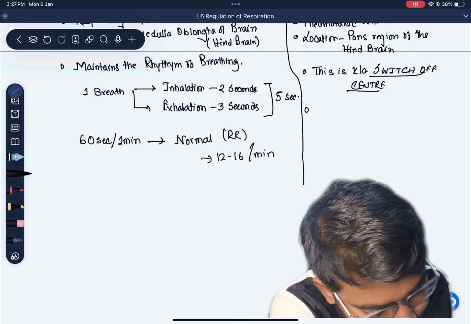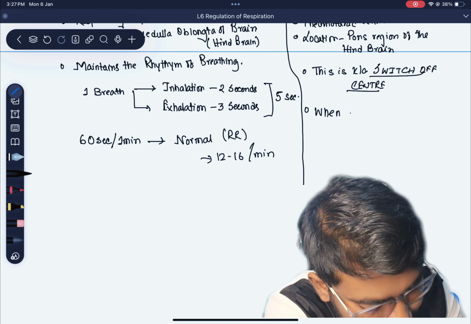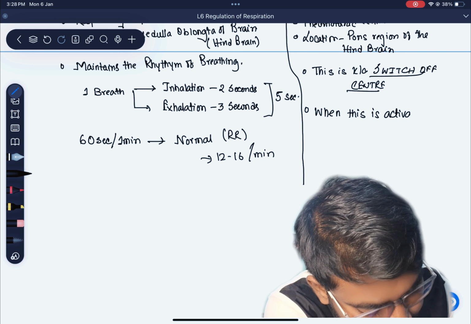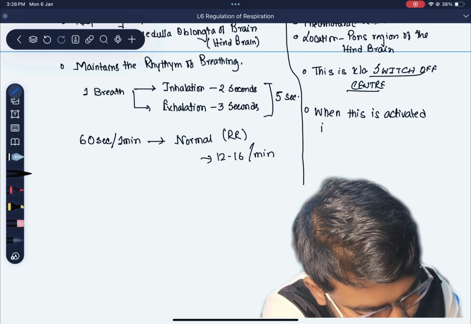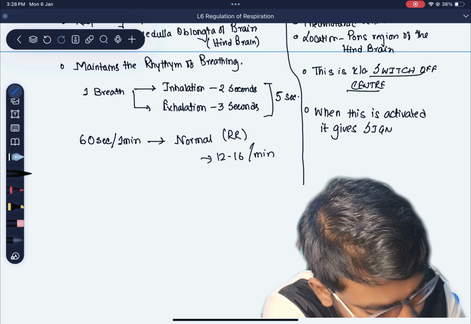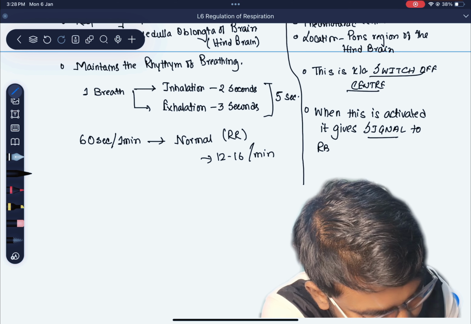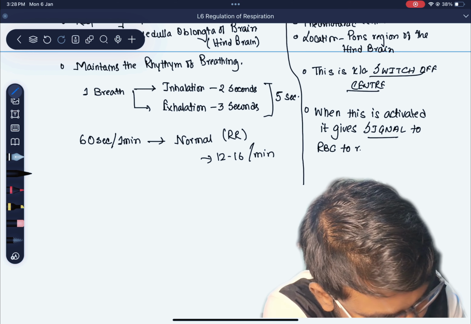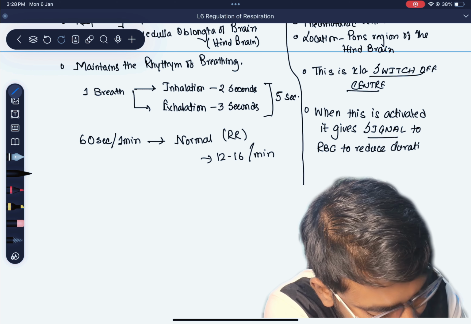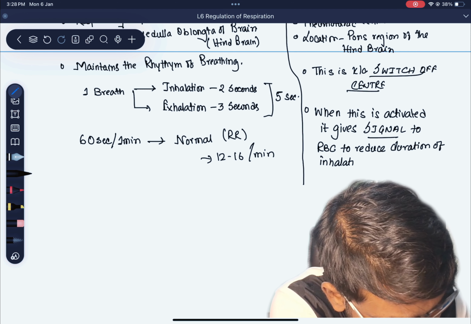Now, I'm writing it, when this is activated, it gives a signal to RBC to reduce the duration of inhalation. Breathing becomes faster.